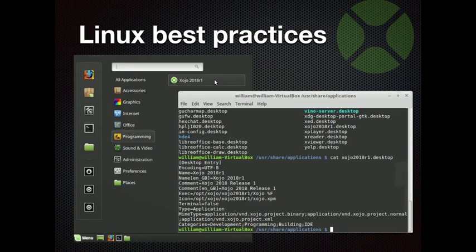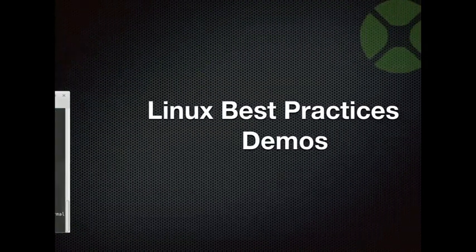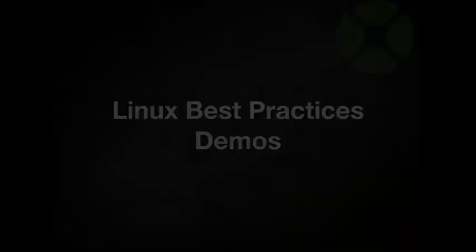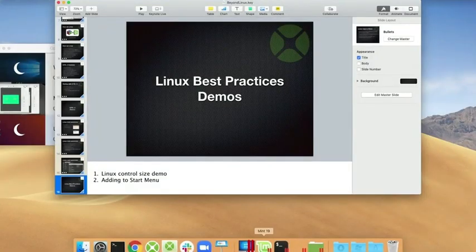And there's only a couple of things that are important. Obviously the name, the executable where it's found, the icon that it's using, and the categories where it fits into the start menu. Okay, let's take a look at how this looks.